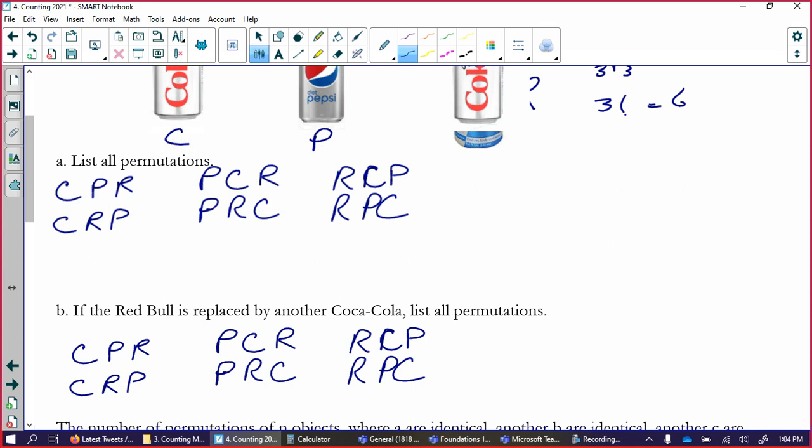So if we switch these, I'm going to change that to a Coke, that to a Coke, and that to a Coke. Let's do this the smart way. I'm going to scratch that off, put a Coke. Scratch that off and put a Coke.